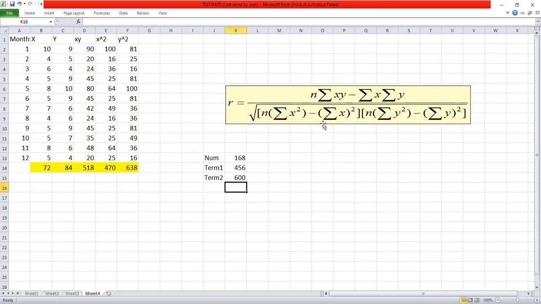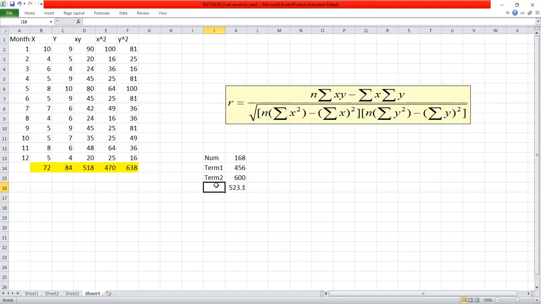That is term 2. So what do you do with these two things? You multiply. After multiplying, what do you do? Square root. So this times that bracket, whole square root, is 523. What do you do with this one and this one?